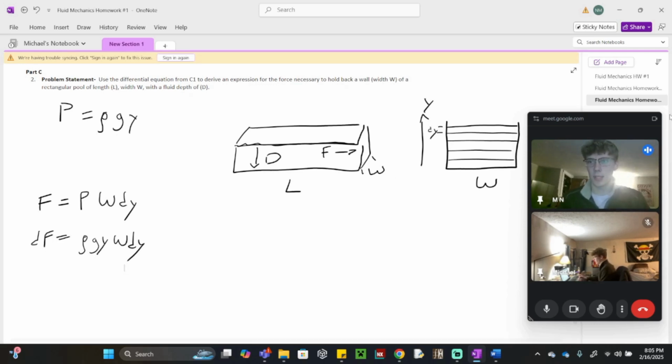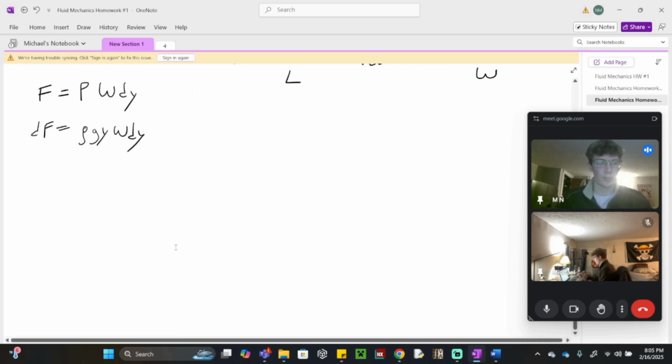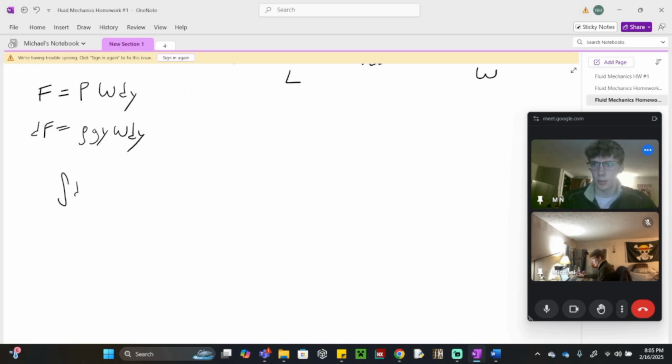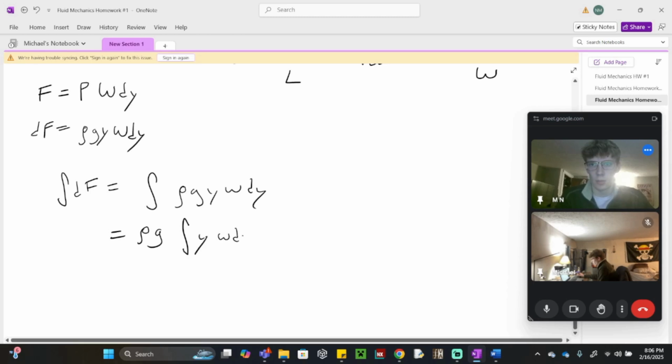Okay, so our next step would be to integrate on both sides. And we know that rho and g are constants, and W. Now we have to set our limits of integration.